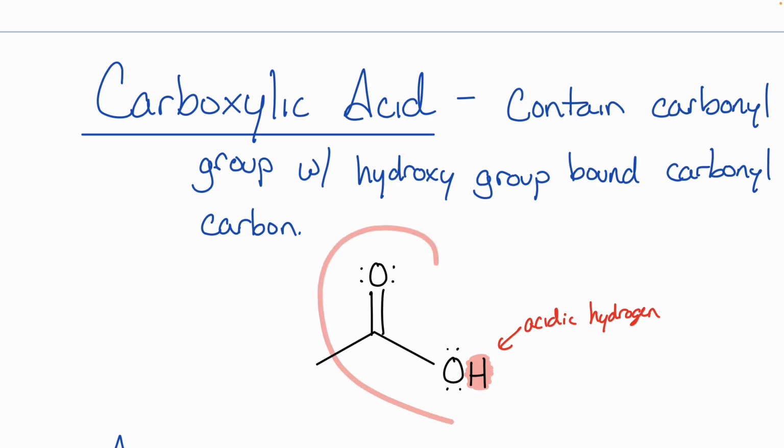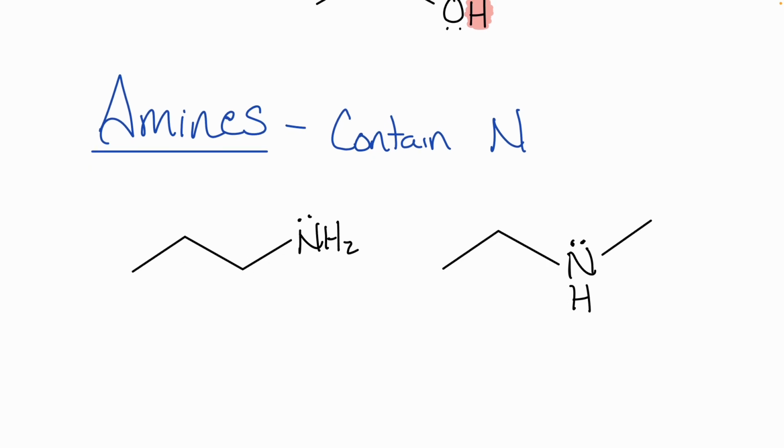And again, the whole shtick is that these play the role of acids. They can donate that proton. And then lastly, when we have nitrogen, we call those amines. Any molecule that you see with a nitrogen in it would be classified as an amine. Cool, that's all I got for y'all.